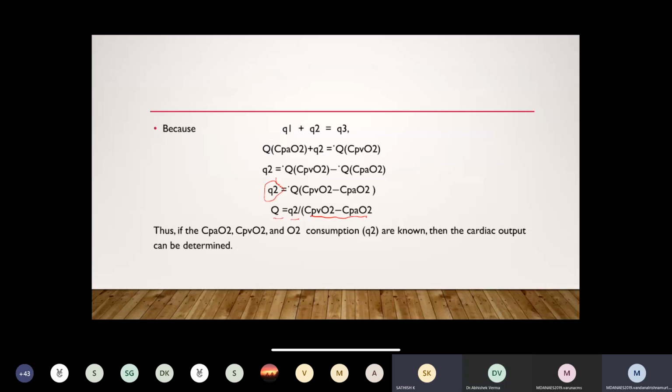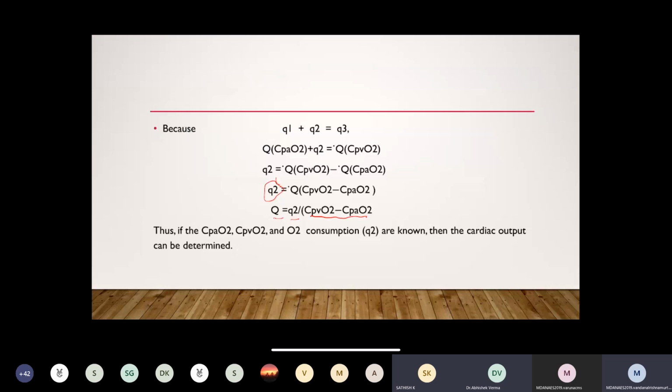Q1 is in 1 minute the oxygen delivered to the pulmonary capillaries through the pulmonary artery. So we calculate that by blood flow Q into pulmonary arterial oxygen content, sir. The pulmonary arterial oxygen content is calculated by a catheter, by an invasive technique.